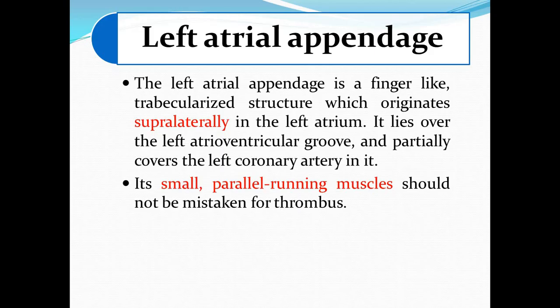The left atrium also has an appendage, similar to the right atrium, and it also lies on the atrioventricular groove and partially covers the left coronary artery in it. It also has small parallel muscles running vertically, so they should not be mistaken for thrombus.